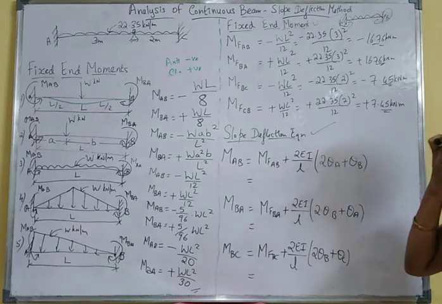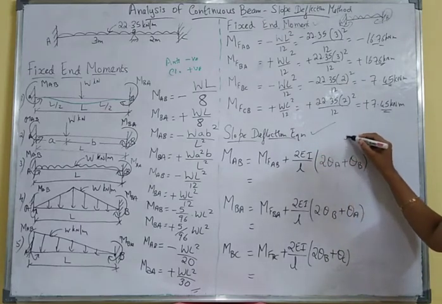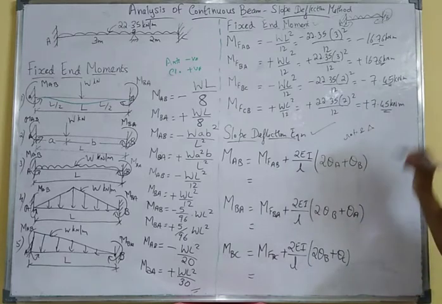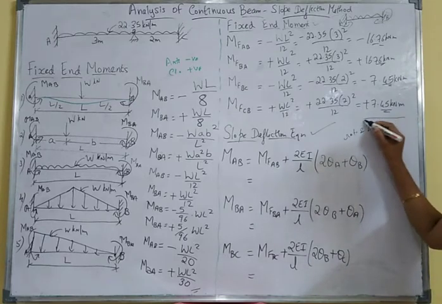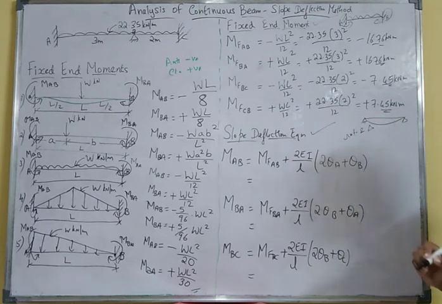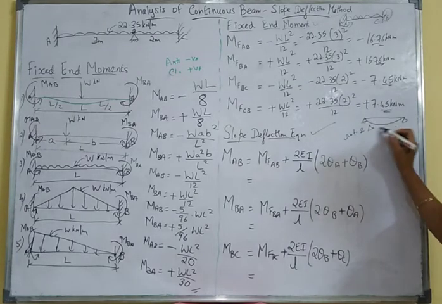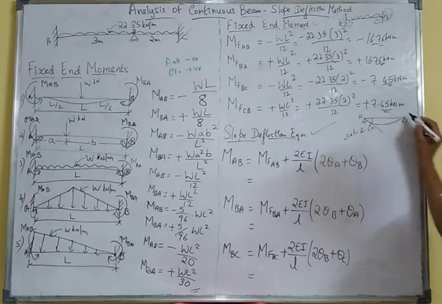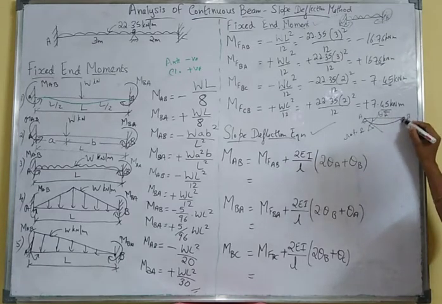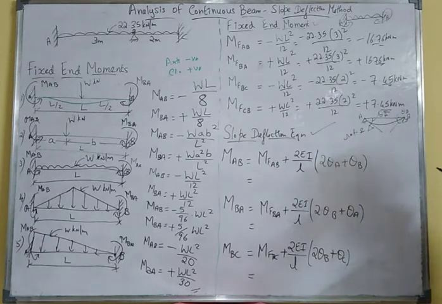The slope deflection equation is based upon the rotation theta and delta, that is deflection. Suppose you are considering the beam as rigid over here. If the beam is simply supported, you will have a deflection like this. Suppose this is A and this is B, the deflection will be at the angle theta A here, and at the angle theta B there.